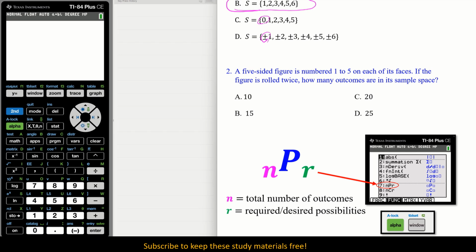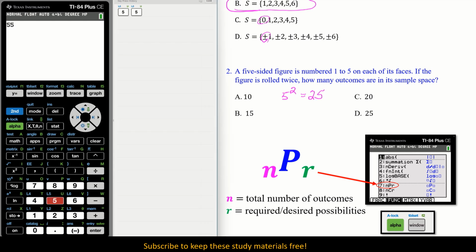Notice they're not asking for probability. We're not worried about that yet. We're just saying, how many outcomes? We have 5 possibilities, and we're only looking at it twice. Therefore, that's 5 to the second power, which equals 25.